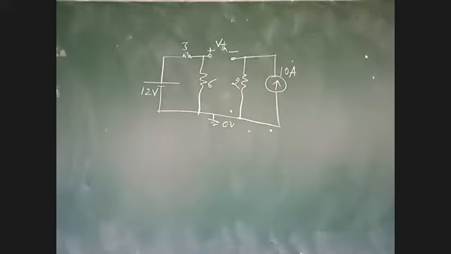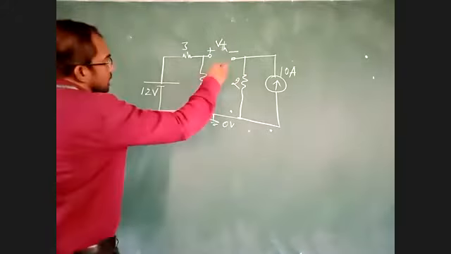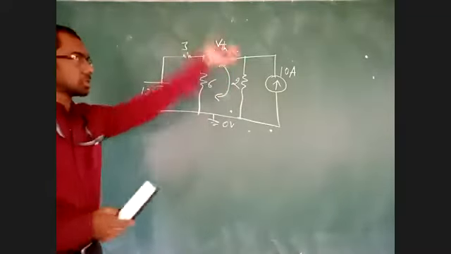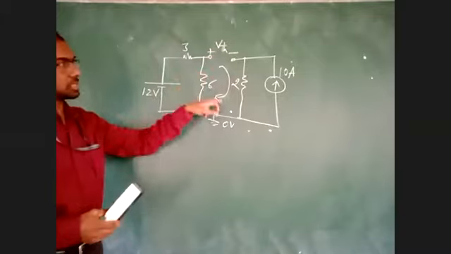We have to consider one reference direction wherever open circuit is there. Here open circuit is there. Let us consider one reference direction. This is not a current direction, because here open circuit is there, so the current is 0 in this way.